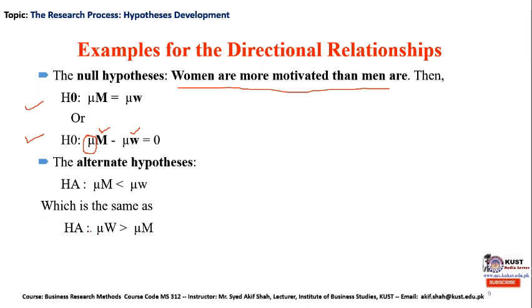Similarly, we can also write the alternative hypothesis in this fashion, H1 or HA colon, the mean value of the motivation level of women is greater than the mean value of the men's motivation level. So we can say a directional hypothesis is telling us the direction, like women are more motivated than men.